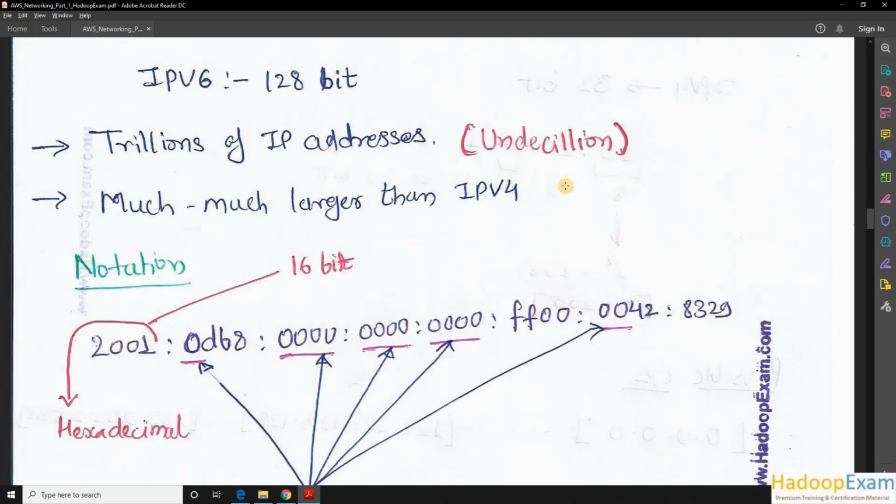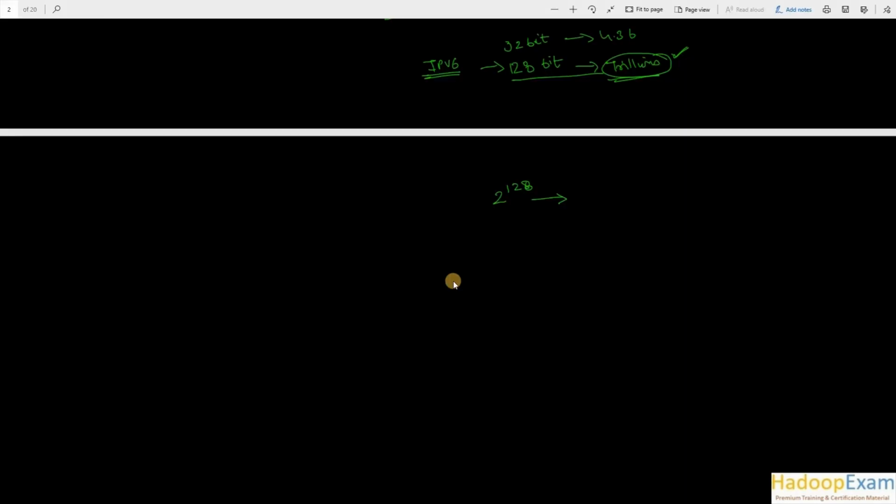So the notation, how would you write this IPv6 notation? Again, like we have seen, it is 8 blocks of 16 bits each, which brings it to 128. This is a hexadecimal number, and IPv6 is represented separated using a colon rather than the dot notation.